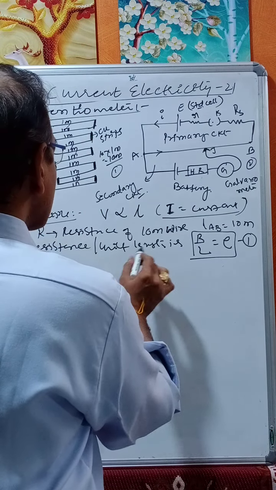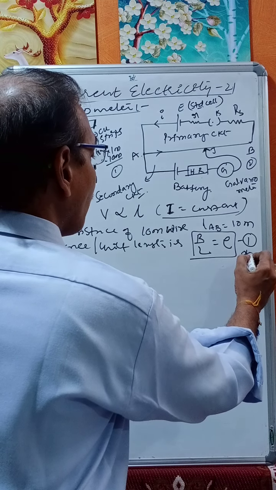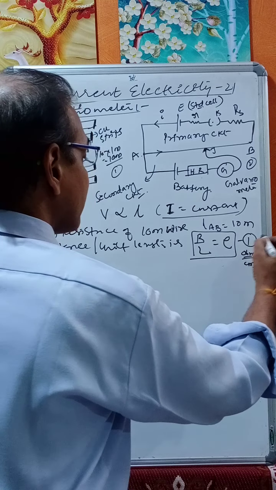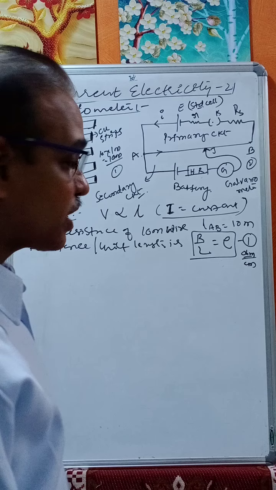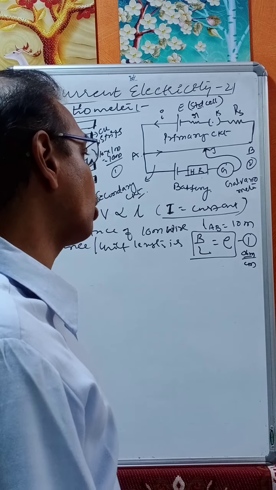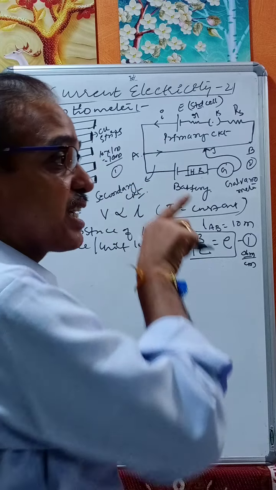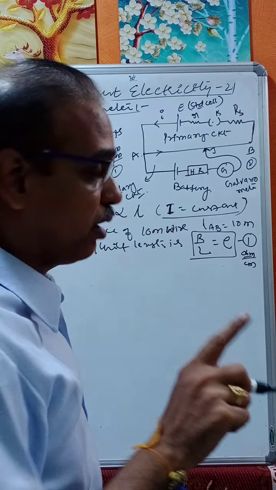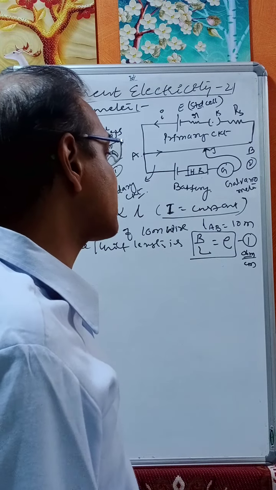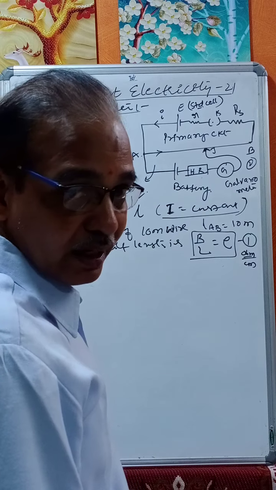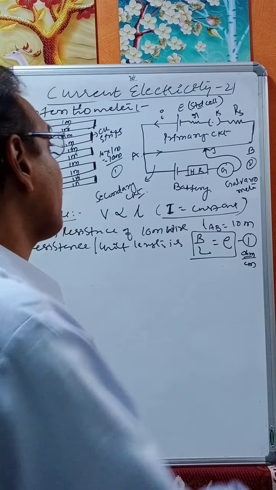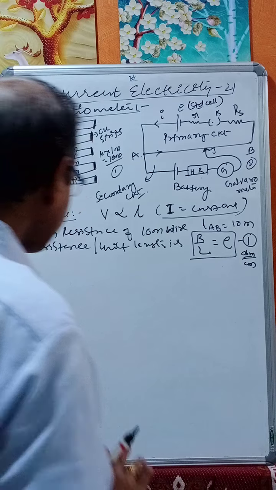Therefore the resistance per unit length, in ohm per centimeter or ohm per meter, is rho equals R by L, the resistance per unit length of the potentiometer wire.